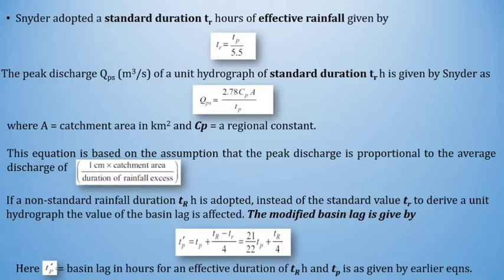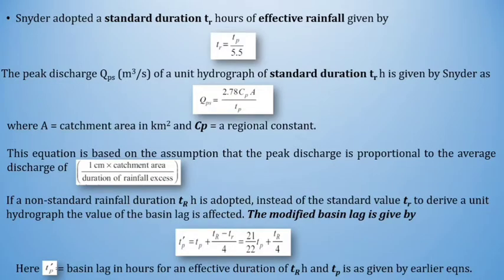The peak discharge Qp in meter cube per second of a unit hydrograph of standard duration tr hours is given by Snyder as Qp is equal to 2.78 Cp into A upon Tp, that is basin lag, where A is the catchment area in kilometer square and Cp is a regional constant as we have seen.